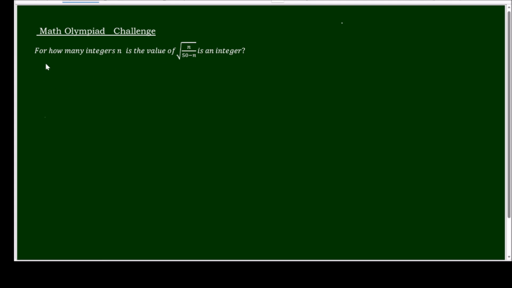So let the square root of n over 50 minus n equal k, where k is an integer.